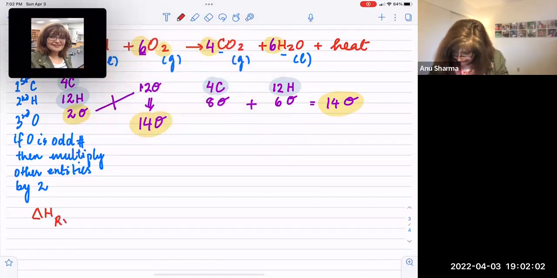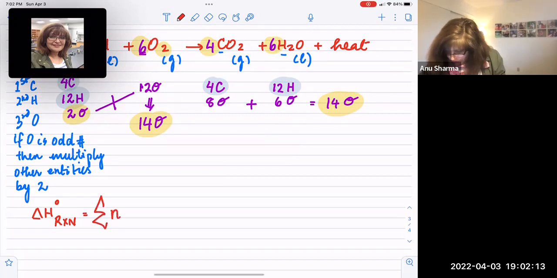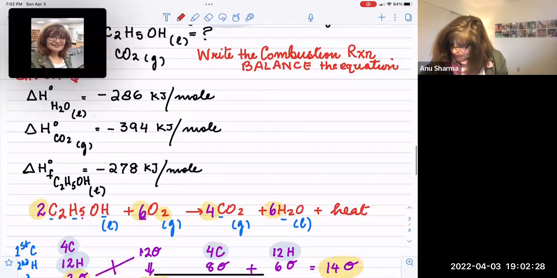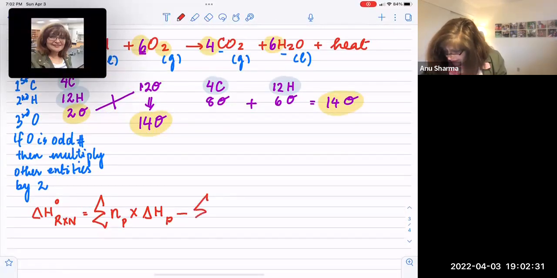Okay, now delta H for this reaction, the standard heat of formation for this reaction is equal to the sum total of the number of moles of the products times the standard heat of formation of the products, minus the sum total of the number of moles of the reactants times the standard heat of formation of the reactants.